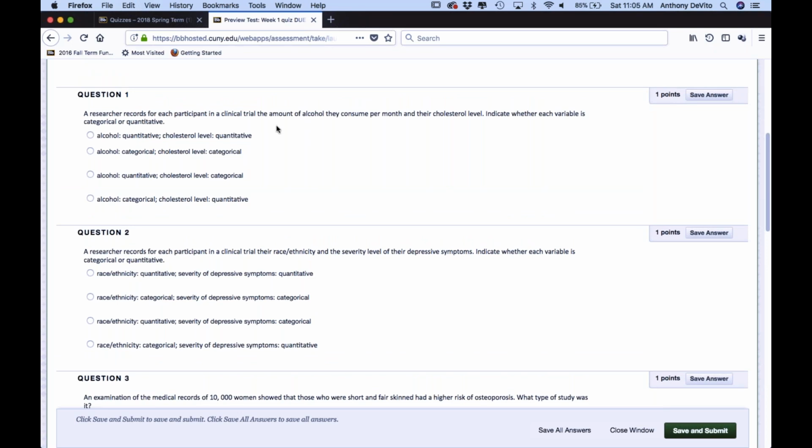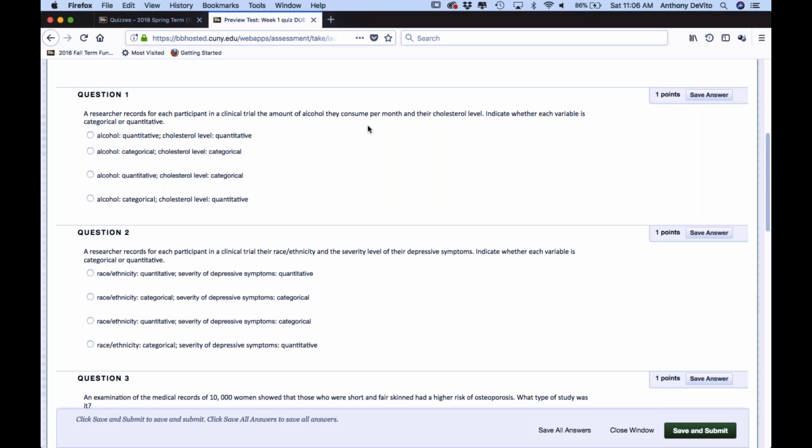Okay, so a researcher records for each participant in a clinical trial the amount of alcohol they consume per month and their cholesterol levels. Indicate whether each variable is quantitative or categorical: alcohol, cholesterol. What do you guys think? Well, based on what I just said, the amount of alcohol is the number of drinks, for instance, but it's per month, so it's going to be a big one.